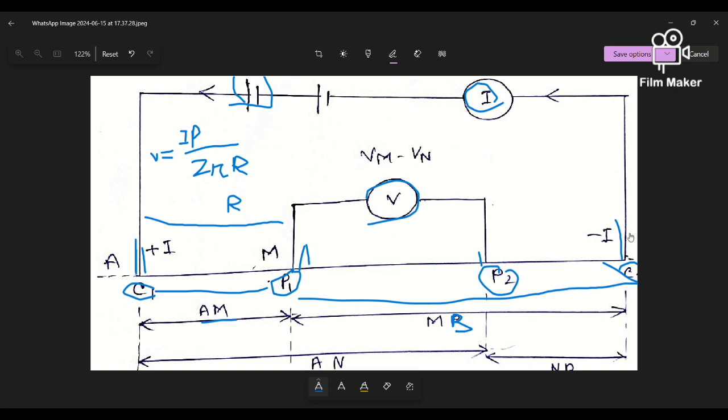This is point A, this is point B. So AM is equal to MB, and for the other potential electrode the distances are AN and NB.